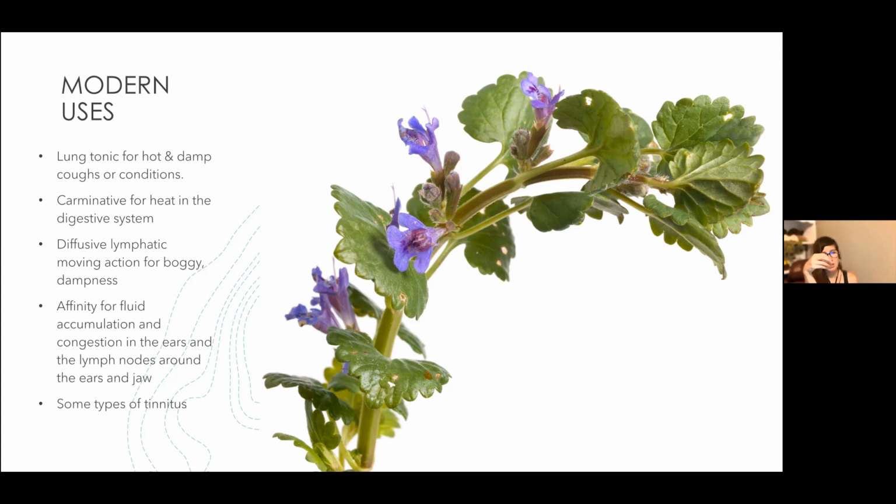I have given this tincture to someone and their ears have popped and then gentle fluid came out many times. So although it's useful as a diffusive lymphatic gentle stimulant and toner, it is specifically really good for that fluid congestion and accumulation around the ears and lymph nodes.